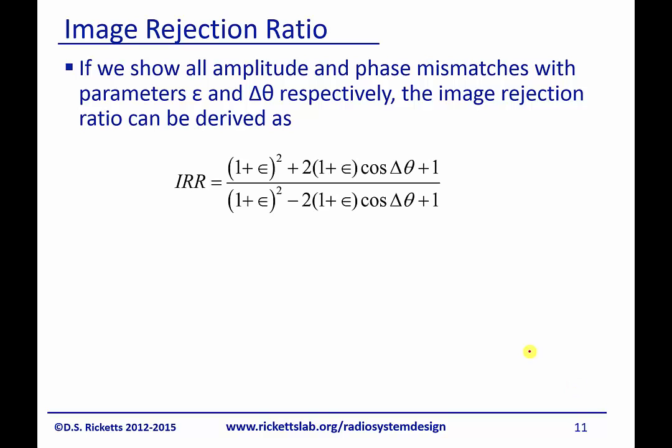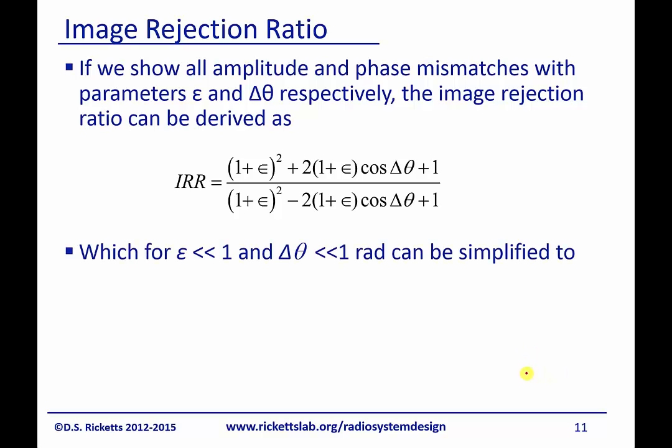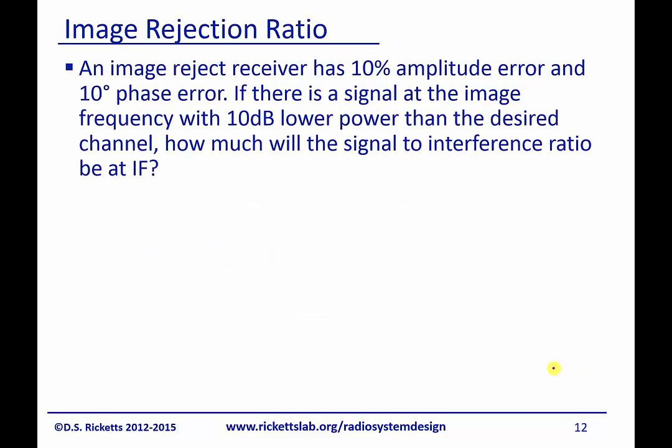And this is just a derivation if you went through the math that you could use our previous equation for the IRR before. And if we assume that the amplitude mismatch and the phase mismatch are much smaller, we can simplify this into a nice handy equation where we can see that the ratio gets reduced by an increase in either of these parameters squared.